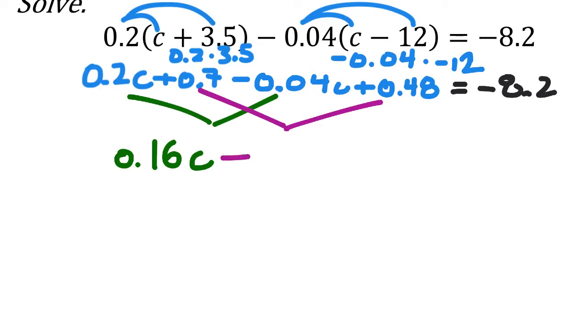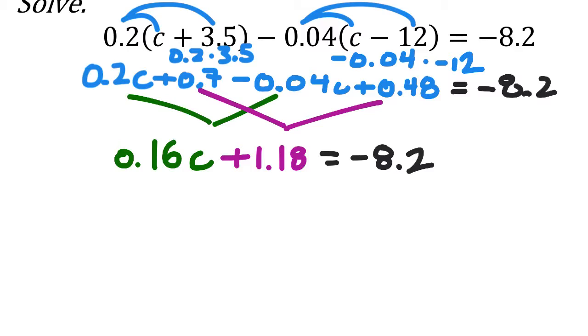So that comes out as positive 1.18. And again, this equals negative 8.2. The right side of the equal sign is just a single value, so I'm not looking to combine terms with it.